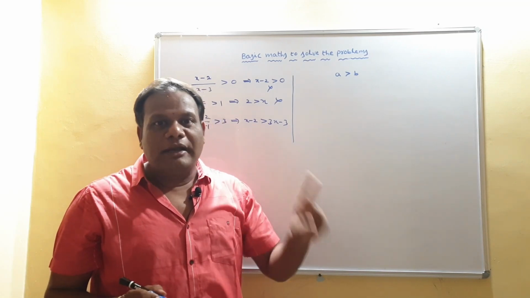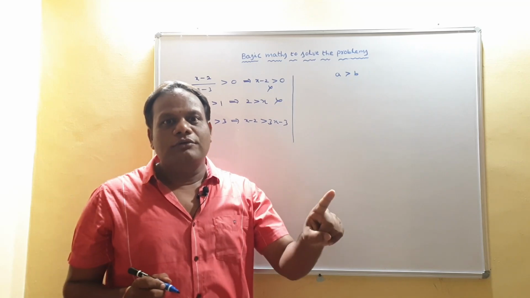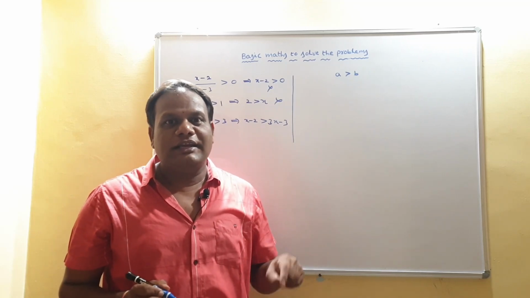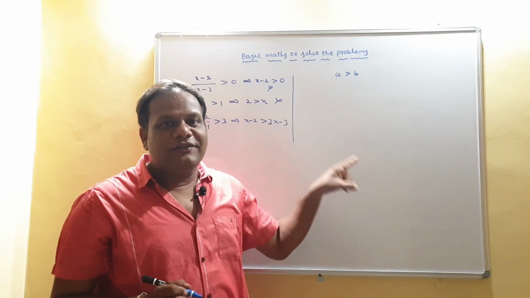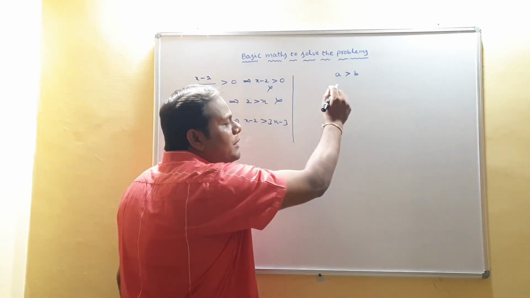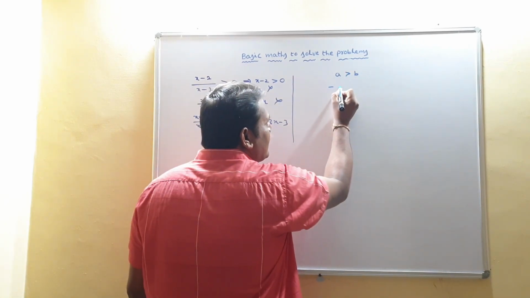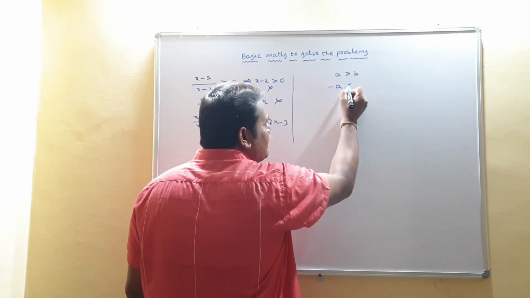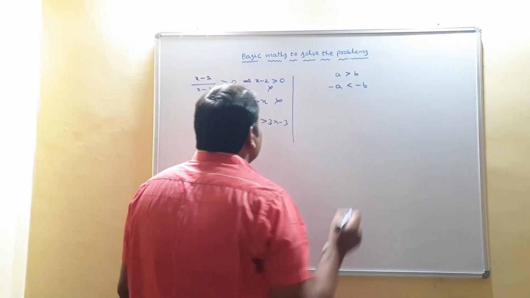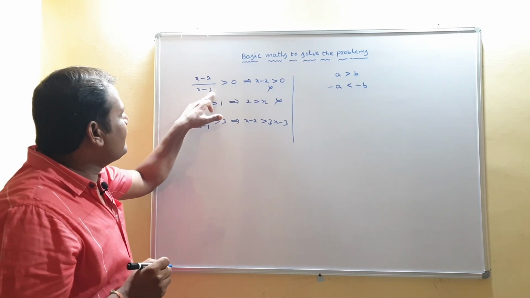But if you multiply an inequation with a negative number, or if you divide an inequation by a negative number, then the inequation sign is reversed. So you must be very careful. If you multiply with a negative sign, the inequation sign changes, then you get minus a, this greater than becomes less than minus b.